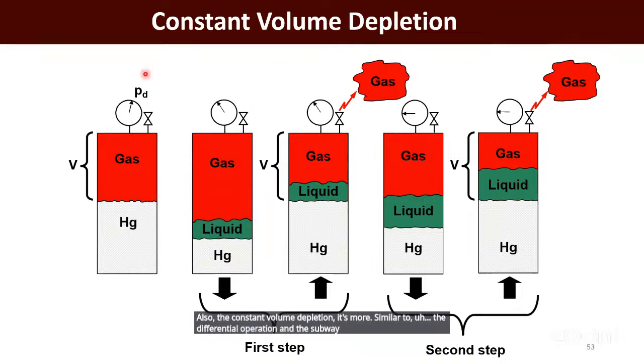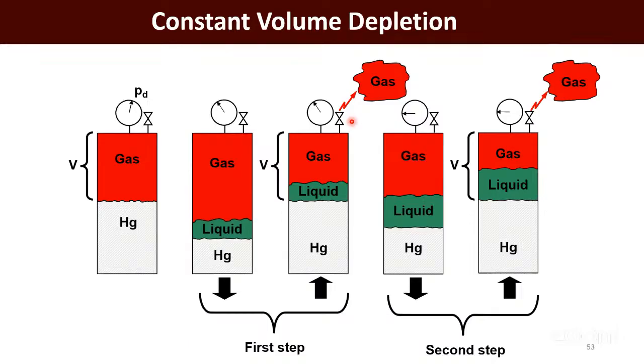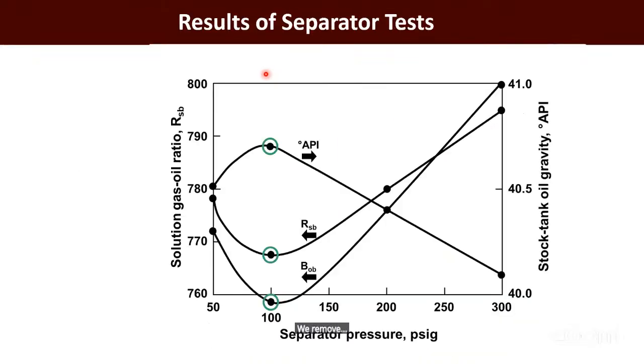You can start at the dew point pressure, and if you have a pressure drop, you will have liquid, then you release some gas. But here, it's vice versa of the differential liberation. You keep the volume constant. You don't release all the gas. In the differential liberation, if you remember, we remove all the gases.